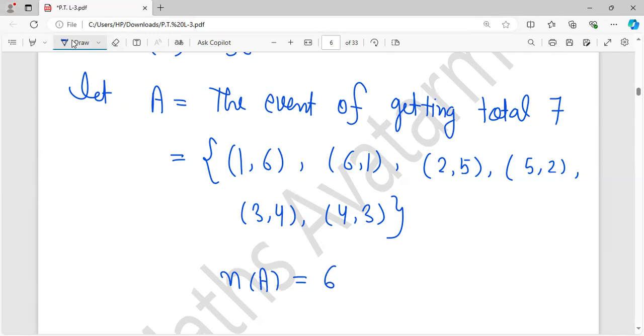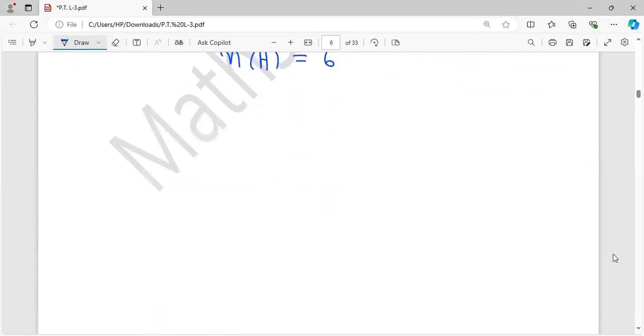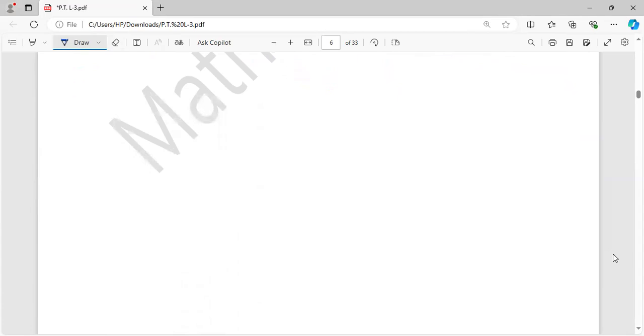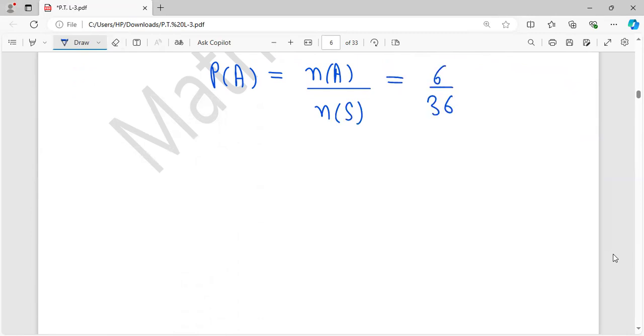So the probability of A is n(A) divided by n(S), that is 6 upon 36. So this is 1 upon 6. So the probability of A is 1 upon 6.